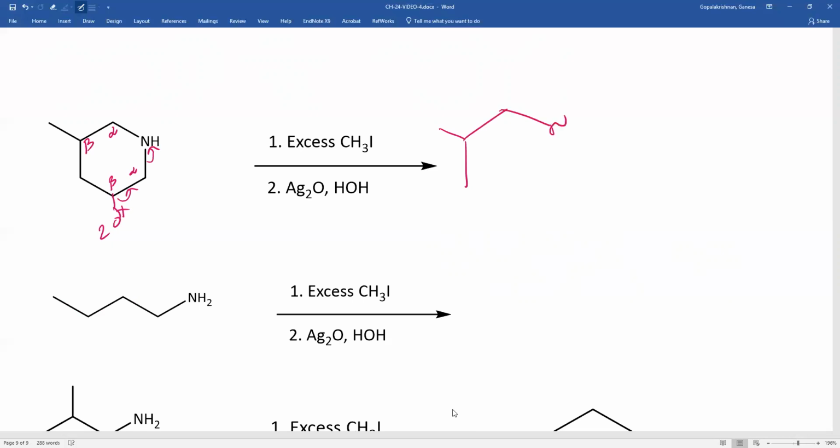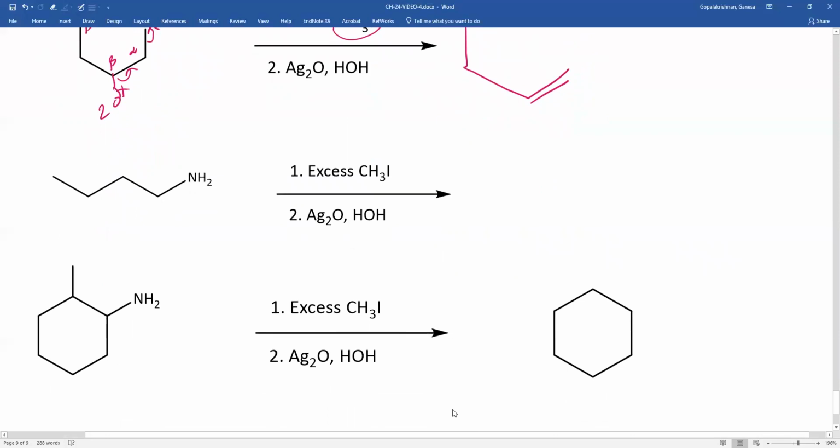So the best way to do it is a secondary amine, react with methyl iodide, replace the hydrogen with the methyl, and add one more methyl, make it positive. Now, if you break it, this will have a lone pair, and this comes in, this becomes a double bond. Since it is a ring compound, when it breaks, the alkene and amine stay in the molecule.